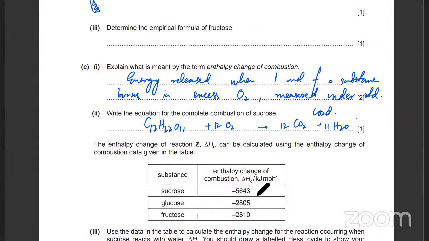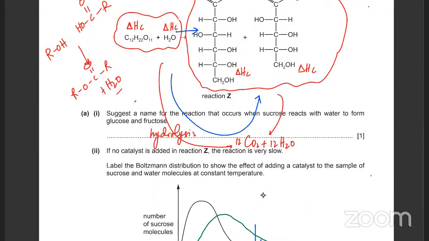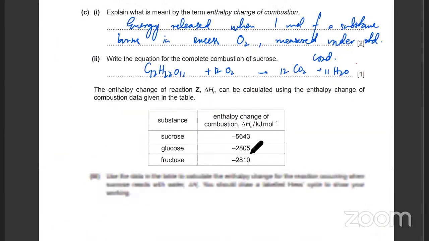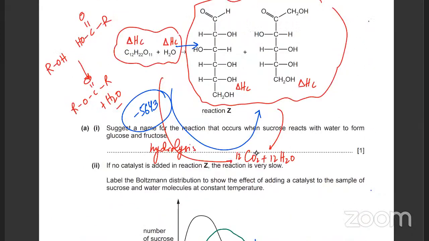Sucrose is minus 5643. And these two burning was what? It was minus 2805 and minus 2810. So their values need to change.